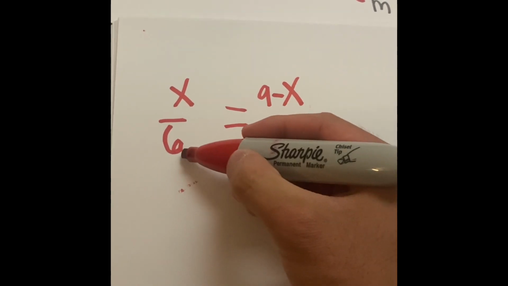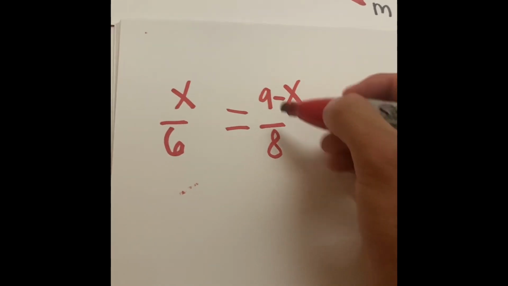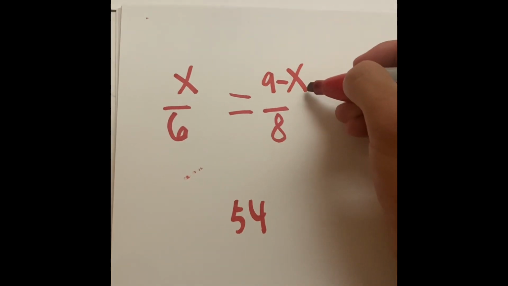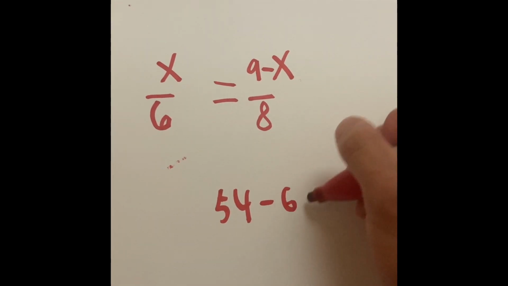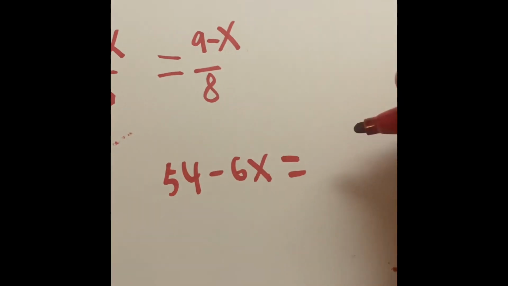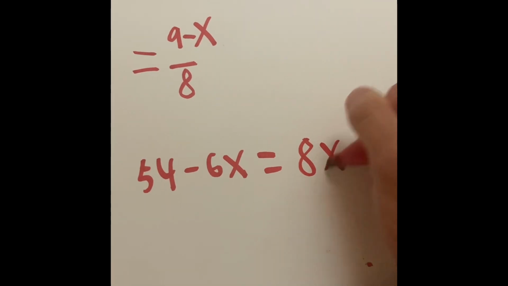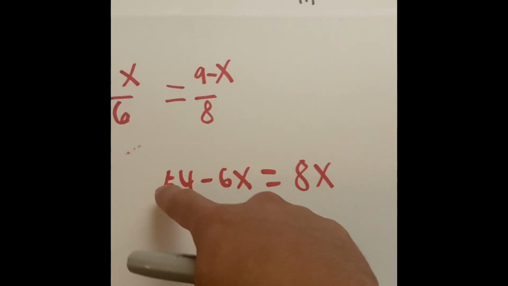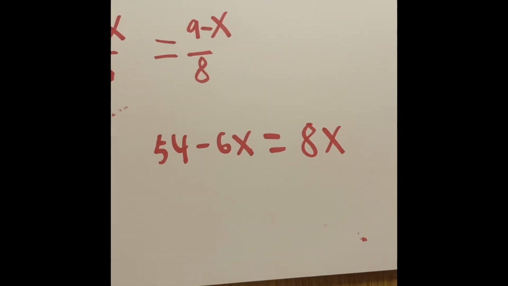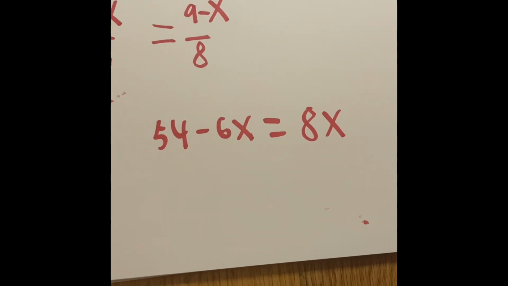So 6 times 9 is going to be 54. And 6 times negative X is going to be negative 6X. And if we do that, we have 8x. So now we have the same parts, but in a different form. What we can do now is work together to get what x is.